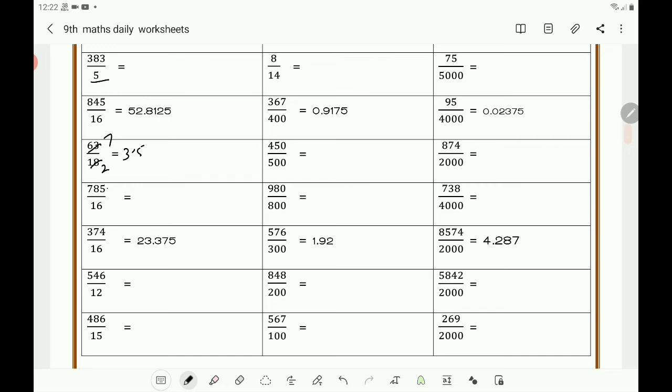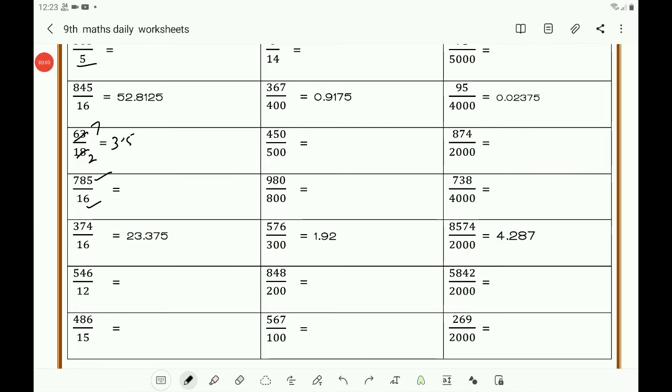Here also you divide 785 by 14, then 374 by 16. Here you can cancel, because these two are even numbers, both are divisible by 2. 2 8s are 16, 2 1s are 2, 1 7, 2 8s are 16, 1 is remaining, 2 7s are 14.